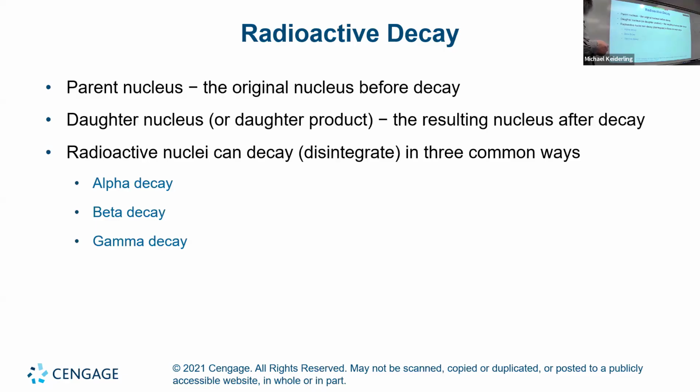There's two types of beta decay, but usually beta decay increases the number of protons and decreases the number of neutrons. Alpha decay decreases the number of protons and neutrons. Beta decay doesn't change the total mass, but it changes a proton into a neutron or vice versa. And then gamma decay doesn't change any of the neutrons, but the nucleus is relaxing.